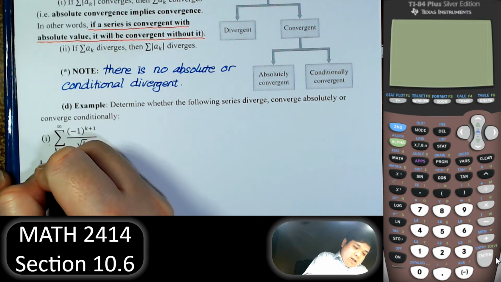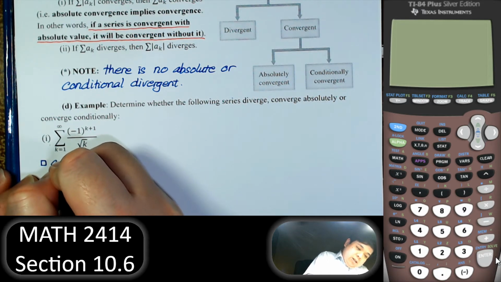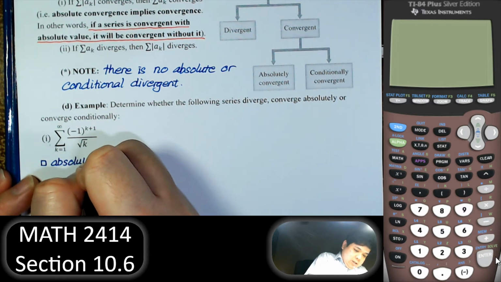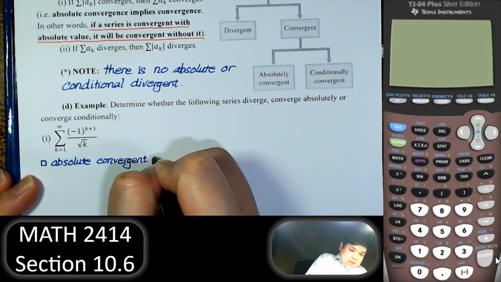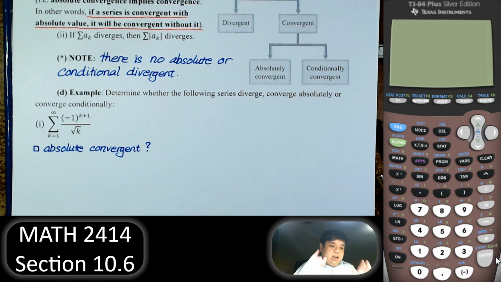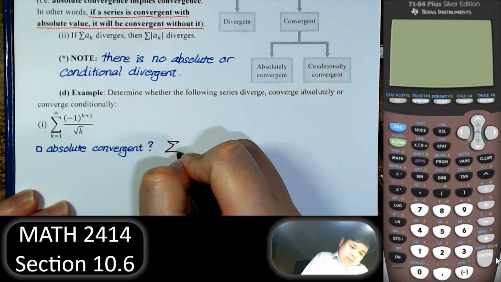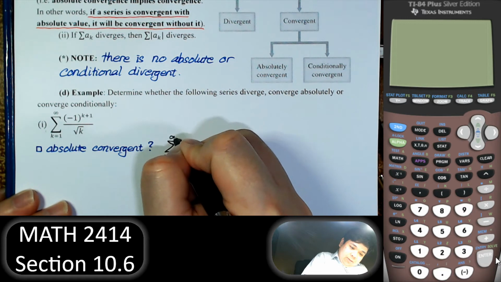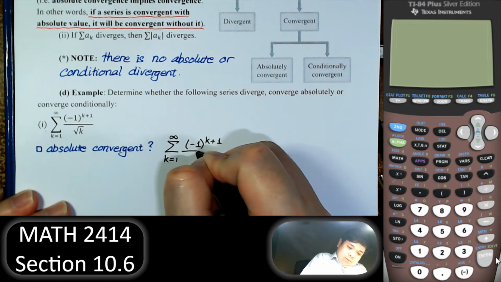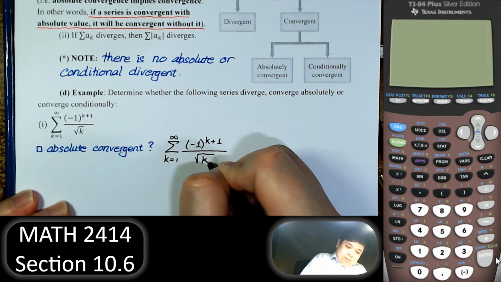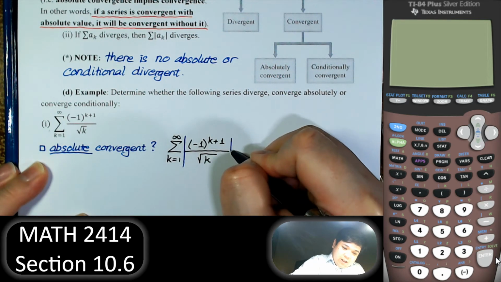The first one we check is absolute convergence. So we throw in absolute values to it.